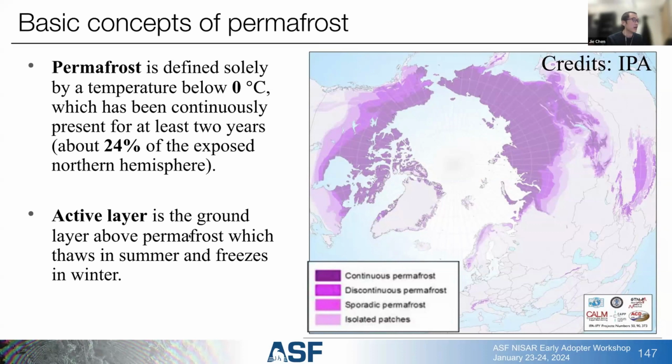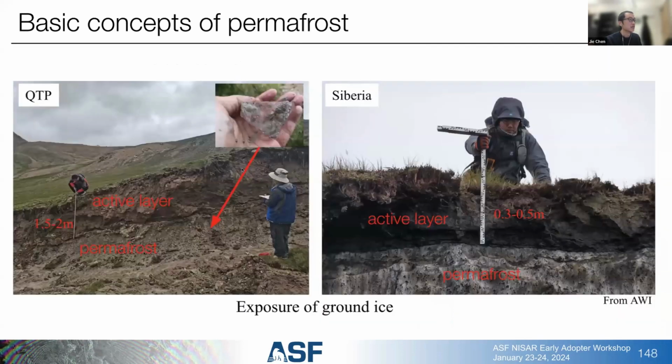The active layer is the layer above the permafrost, which thaws in summer and freezes in winter. Let me show you some examples. As you can see, there is a clear boundary between the active layer and the permafrost layer in both figures. The left figure is from the Tibetan Plateau, and the right figure is from Siberia. Both show exposed ground ice.